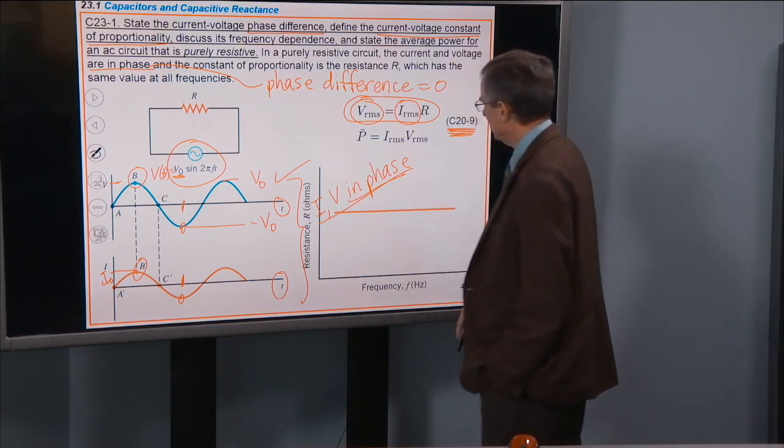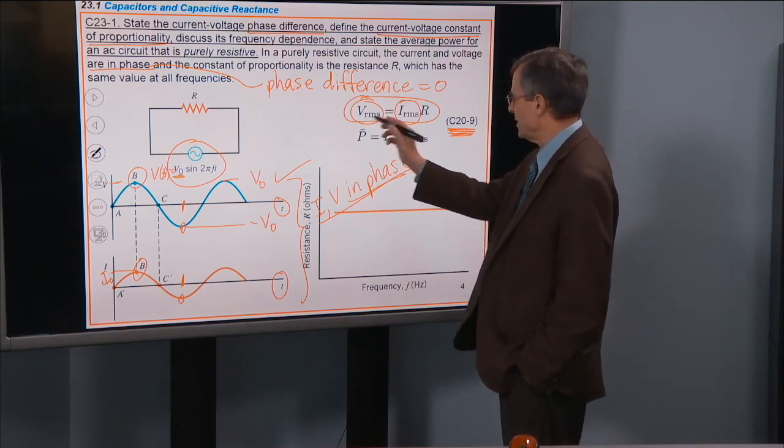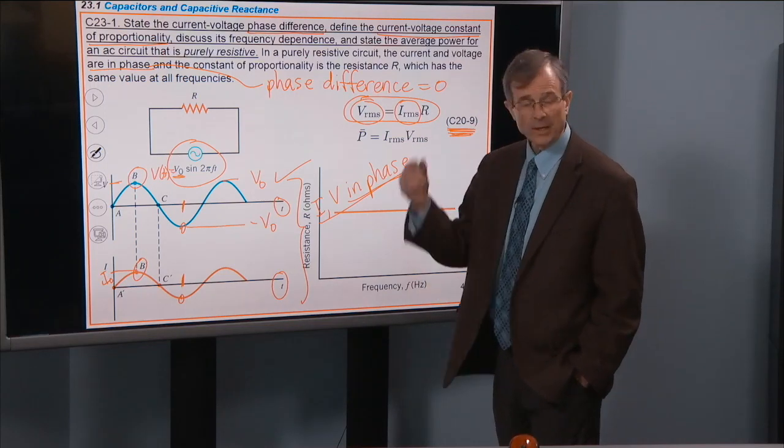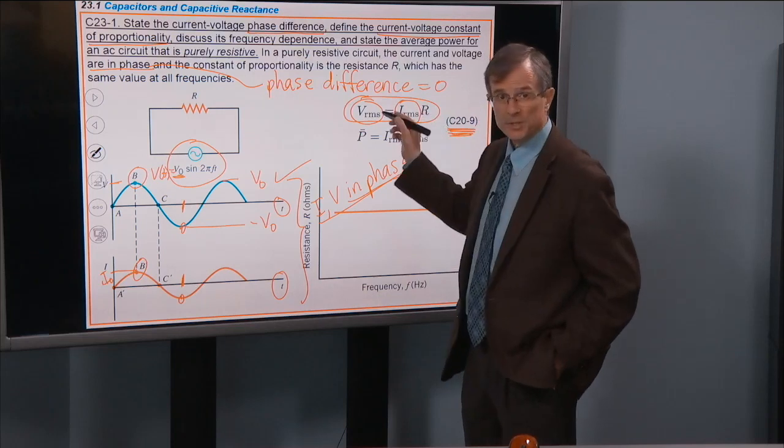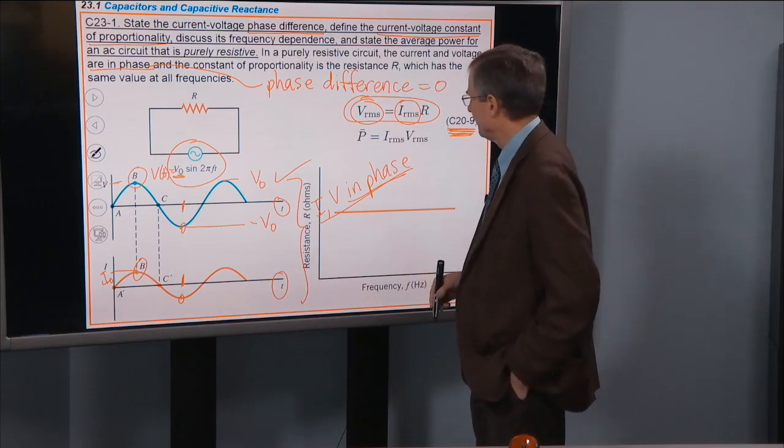So that's back in chapter 20. It's just V_RMS equals I_RMS times R. It looks like Ohm's law, V equals IR. No big deal, except we're talking about root mean square values of these.